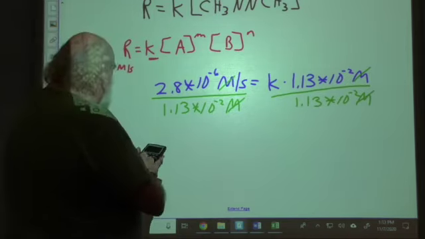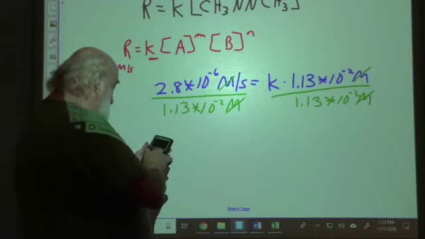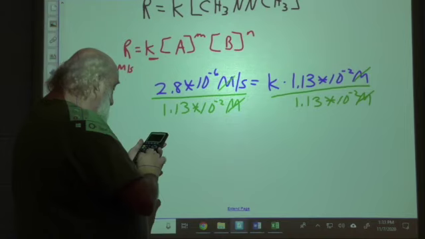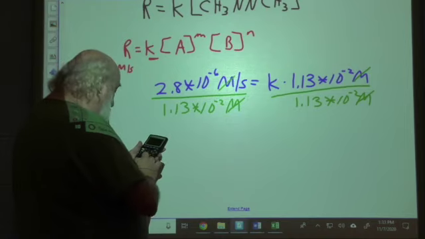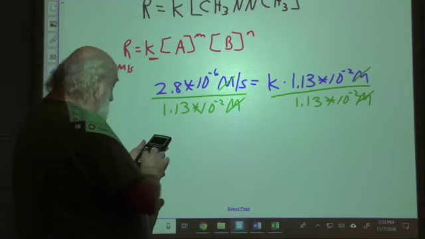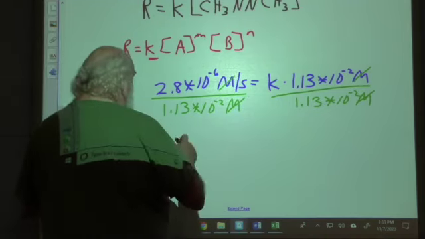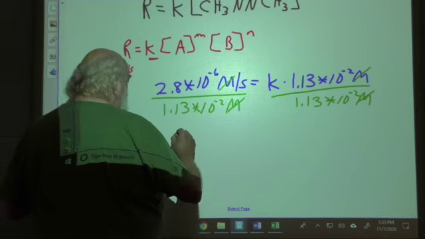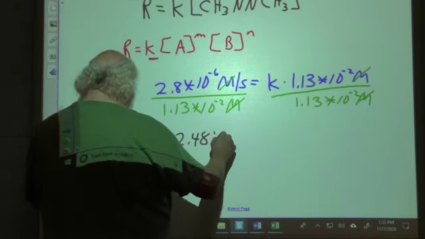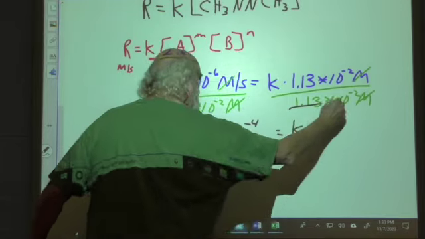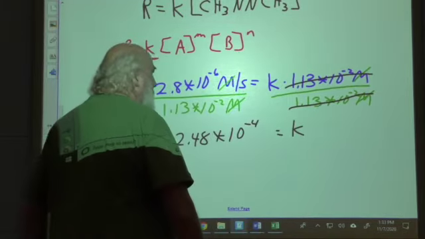No, that's not right. 2.8 E negative 6 divided by 1.13 E negative 2, and I get 2.48 times 10 to the negative 4 equals K. This cancels out.